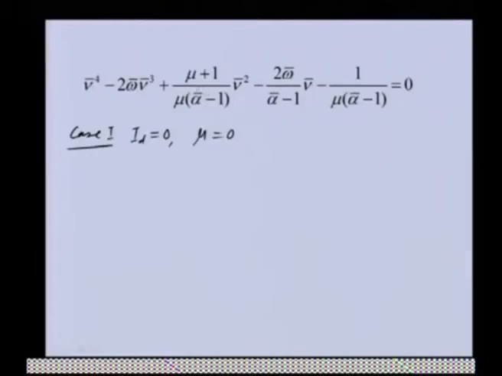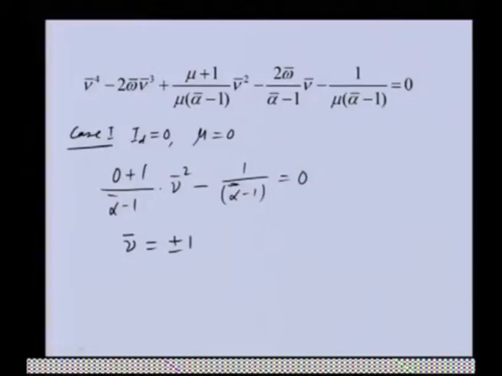From the second term we will get 0 plus, from the third term we will get 0 minus alpha 1 bar nu bar square, and from this expression this will vanish because it will get multiplied by mu. So, the last term will give us alpha bar minus 1 equal to 0. So, you can see the solution of this will be nu bar equal to plus minus 1.